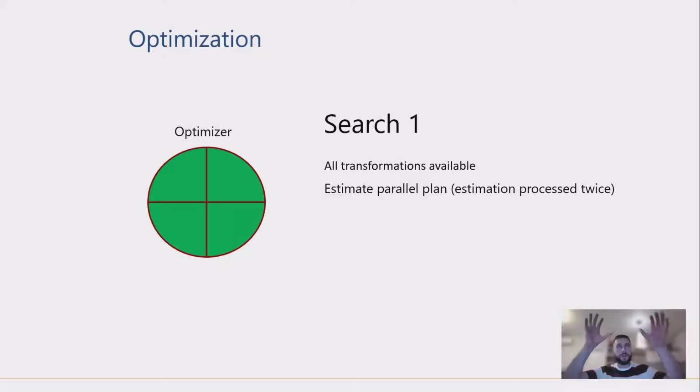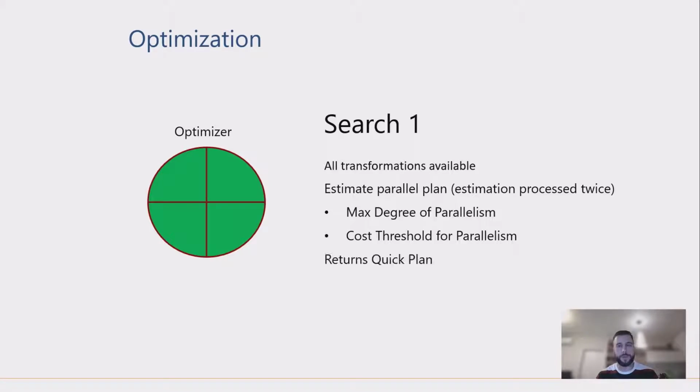Right now it starts building 2 branches, parallel plan and non-parallel, and then compares their cost to see which one will be better. On the parallel plan estimation, 2 parameters affect it: max degree of parallelism and cost threshold for parallelism. If the plan SQL Server gets after the search 1 phase satisfies the internal criteria, it returns this plan and starts executing.